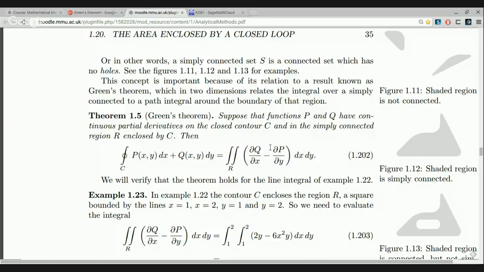So we'll apply the special case of Green's theorem to each rectangle, and sum the results.